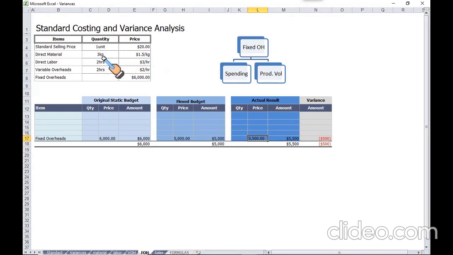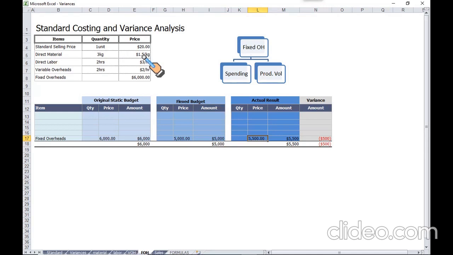So this is the standard quantity that we should use in production. This is the standard rate at which we should purchase from the market. So this is not an enforced value. It is established through negotiation with the purchasing manager and also assessing the market price that is prevalent in the market at the moment.